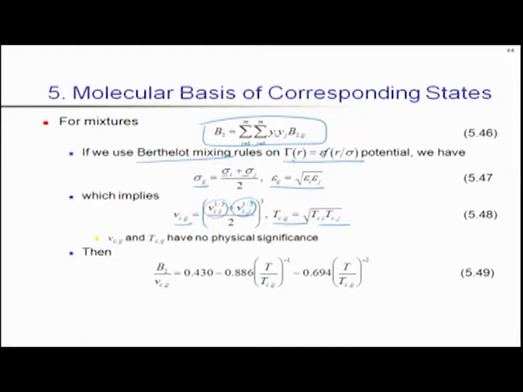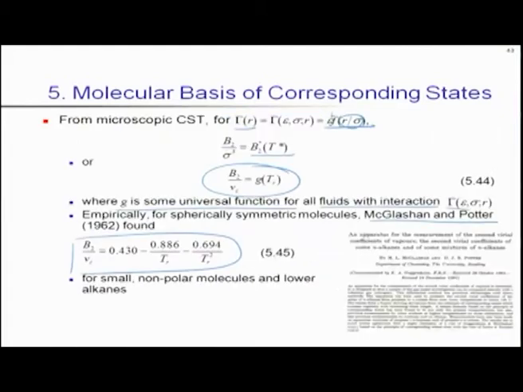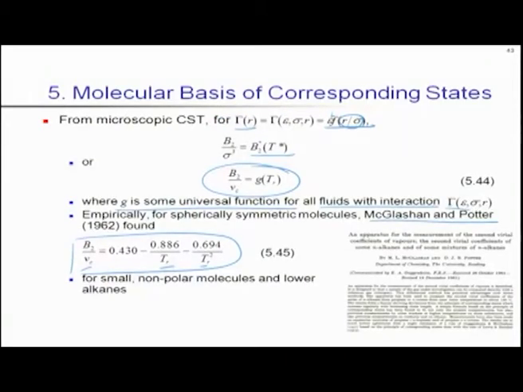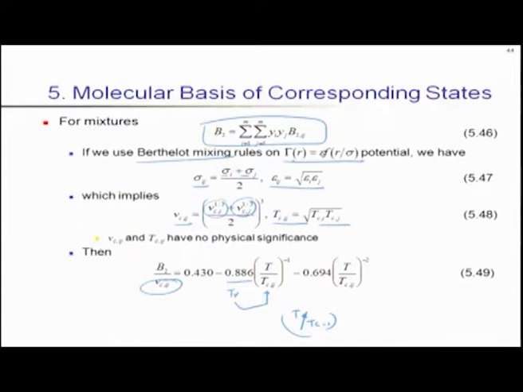Now having this information known, the virial coefficient here can be modified only for Vc ij and Tr. This is Tr, this was Tr. Now Tr can be given here as T by Tc ij. So the same expression as was found by McGlashan and Potter can be utilized to obtain B2 from the experimental data. Or in general these correlations can be used.